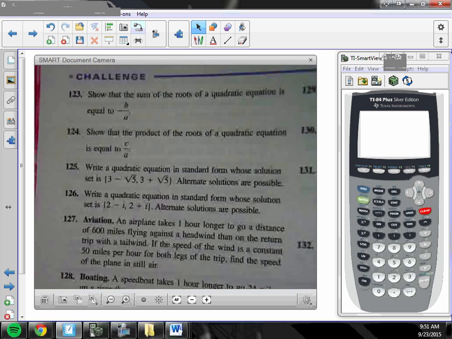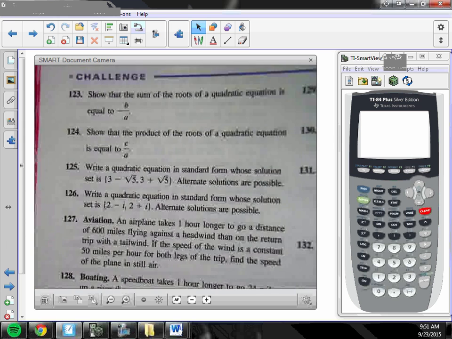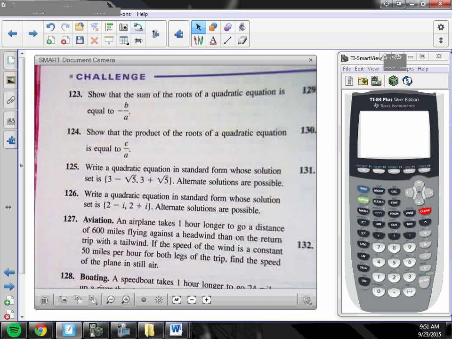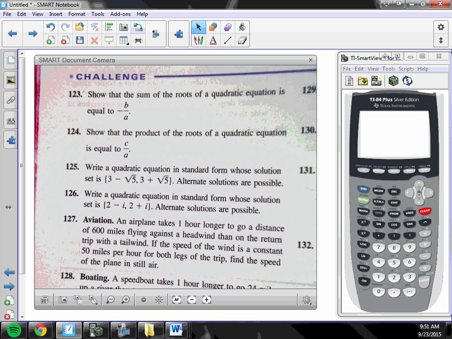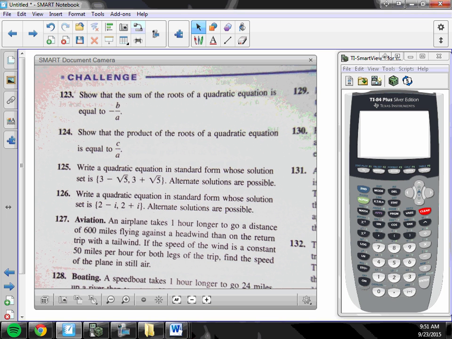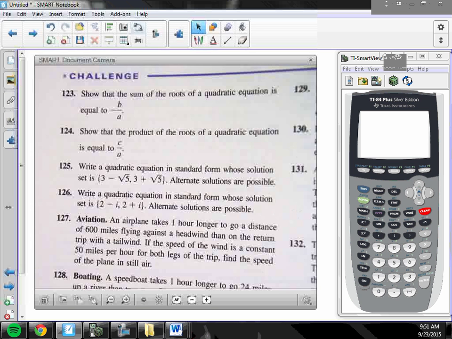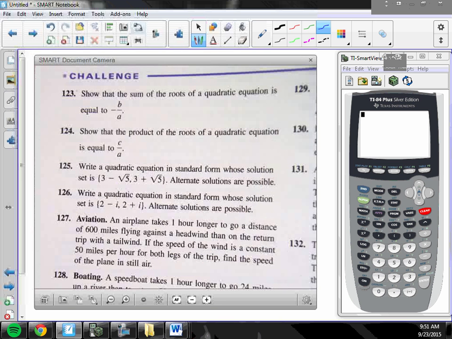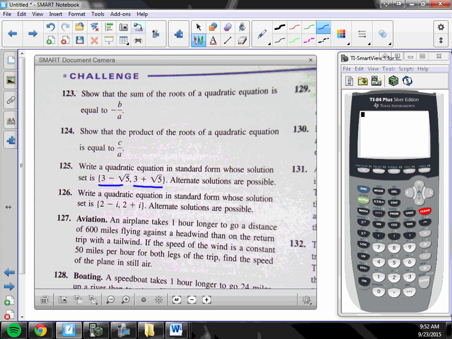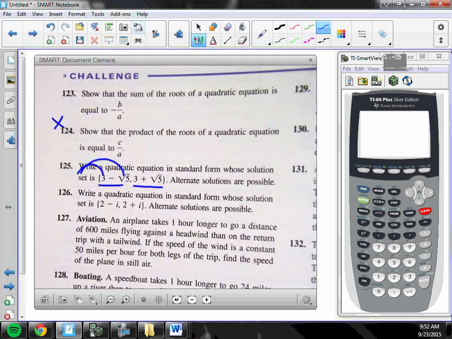All right. 125. How are you going to solve 125? If these are the roots, what are the factors? So I need to move this over and move this over, so I get x minus 3 plus root 5.